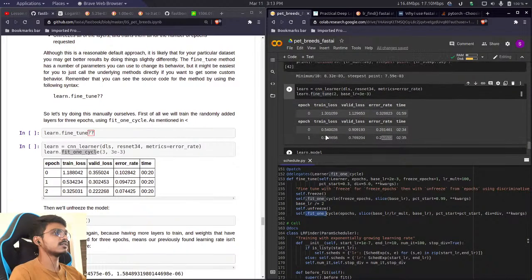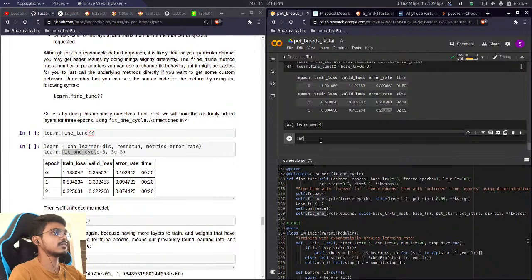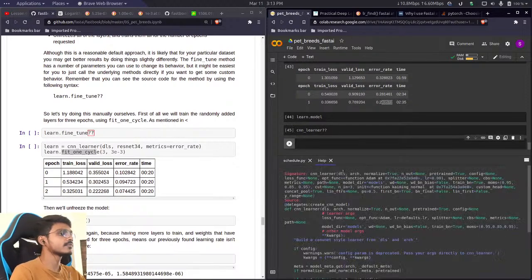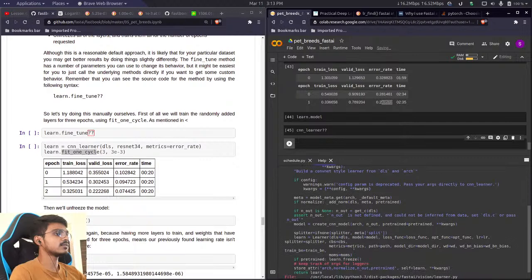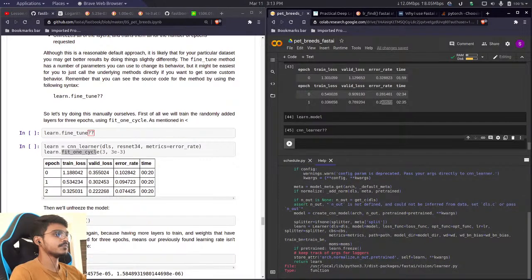Let's also check the source code for the CNN learner. So this is the source code for the CNN learner. What does it do? CNN learner calls another function, learner, so we have to check the source code of learner now.